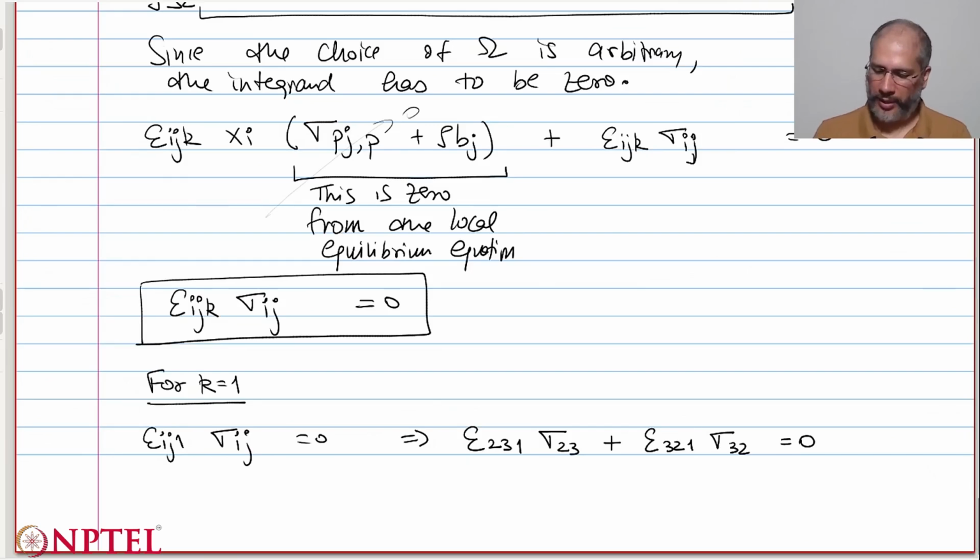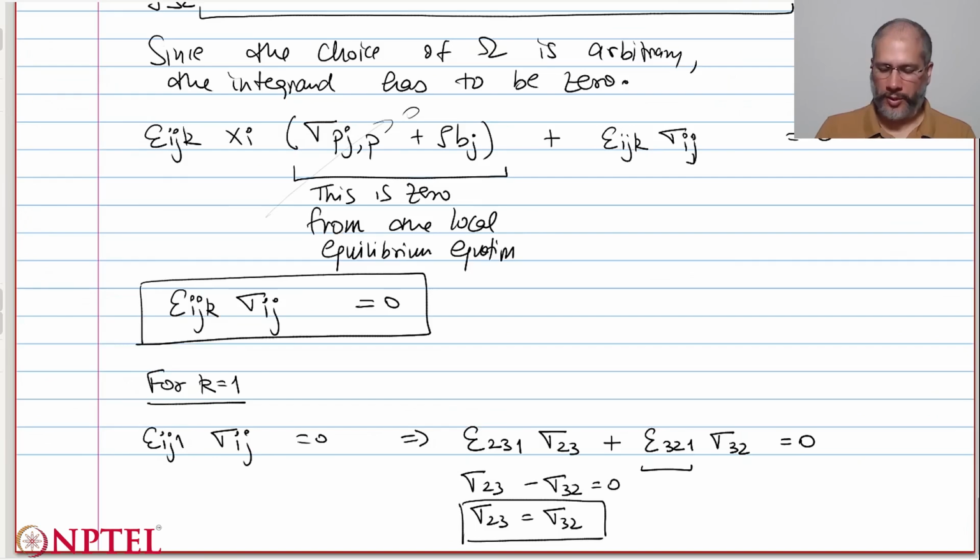These are the only two terms left, and epsilon 231 is a 1, so this becomes sigma 23, and epsilon 321 is a minus 1, so this becomes minus sigma 32 equal to 0, which basically means that sigma 23 is equal to sigma 32. So this is the condition we get on sigma for k equal to 1.